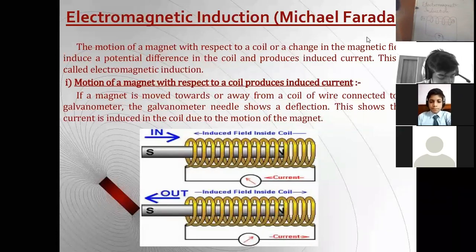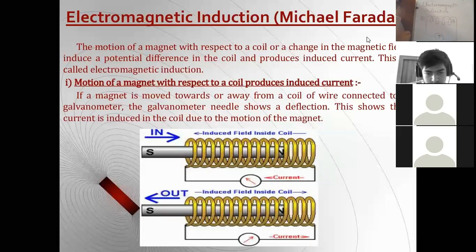The value of the induced current will also depend upon the number of turns in the coil. If the number of turns in the coil increases, the value of induced current will also increase. So here we are discussing those factors which affect the value of induced current.